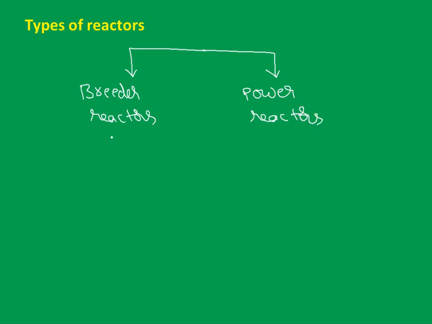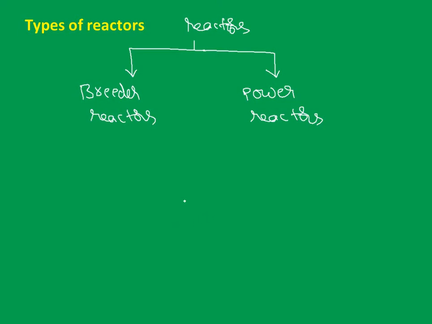Let's see what this breeder reactor and this power reactor are among the nuclear reactors. Breeder reactors convert a non-fissionable material such as uranium-238 into fissionable material, and the reactor produces or breeds more fuel than it consumes.